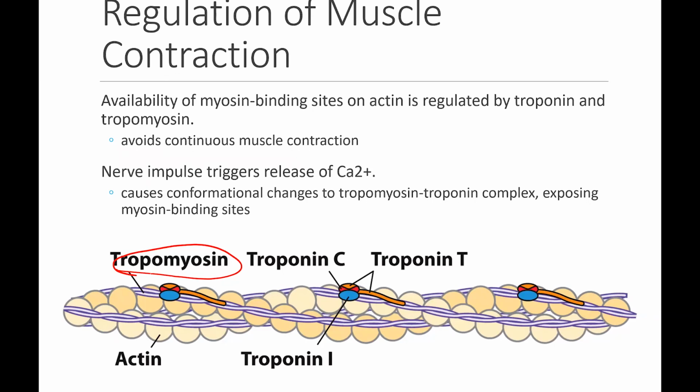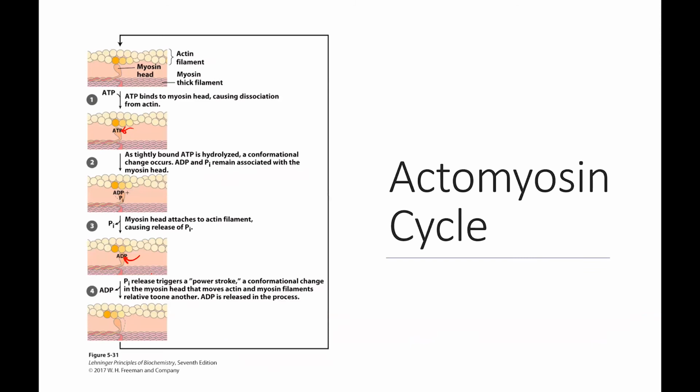It makes a conformational change in tropomyosin, which moves tropomyosin away, exposing the myosin and actin binding and allowing that previous actin-myosin cycle to occur. So then you can allow actin and myosin to interact, utilizing ATP and this movement to occur to make contraction.